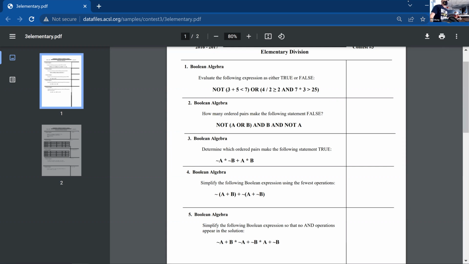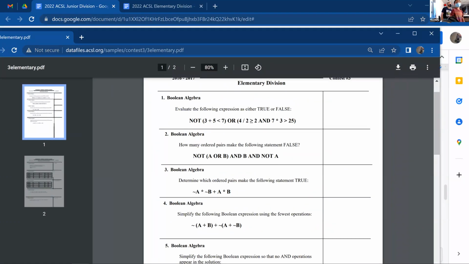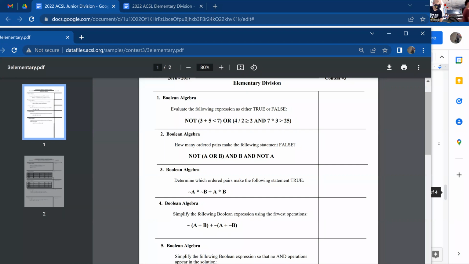Yeah, that's what I was trying to do, but I have to drag it right here. And we can move it.